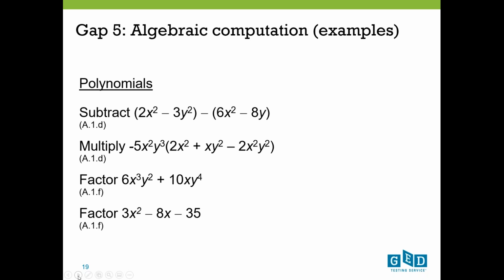When we say factor, or sometimes we'll say factor completely, we're not telling them whether it is greatest common factor or factoring to two binomials. Again, that's knowledge that they need to have and recognize the different types when they walk in to take the test. I think that's it on this slide.